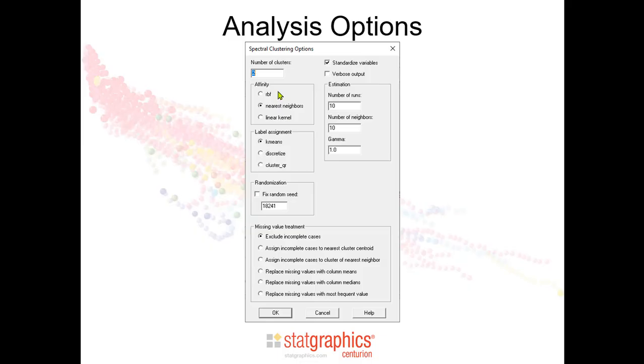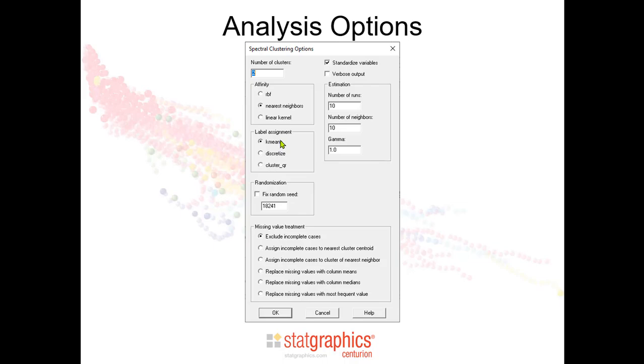You can then choose between three methods for estimating the affinity or similarity matrix. In this case, nearest neighbors performs best. There are three methods for making the final assignment of clusters.